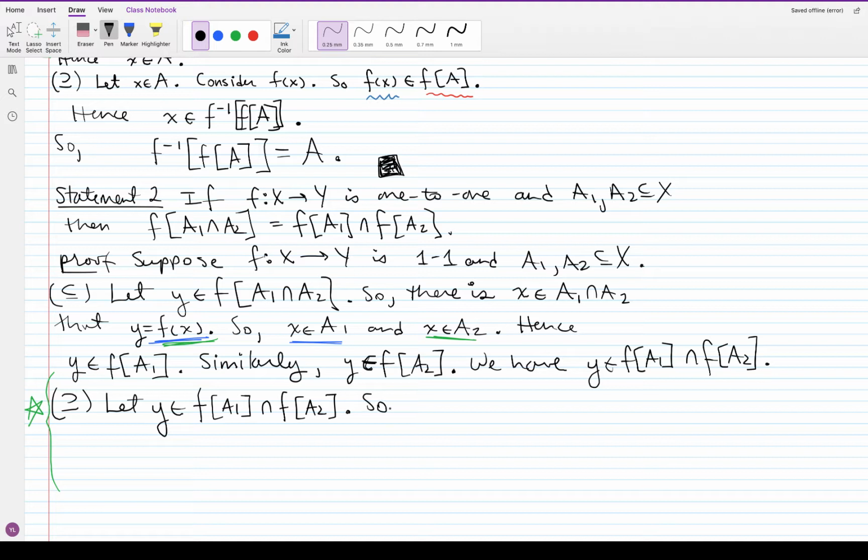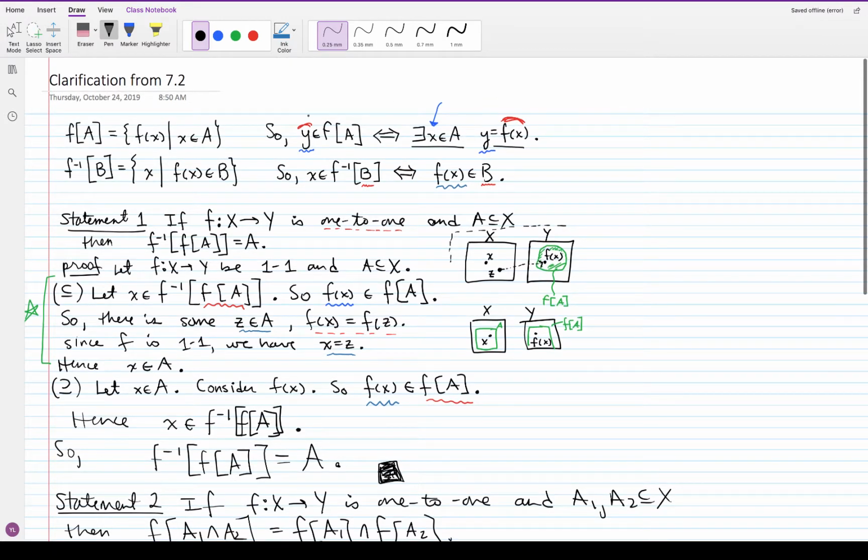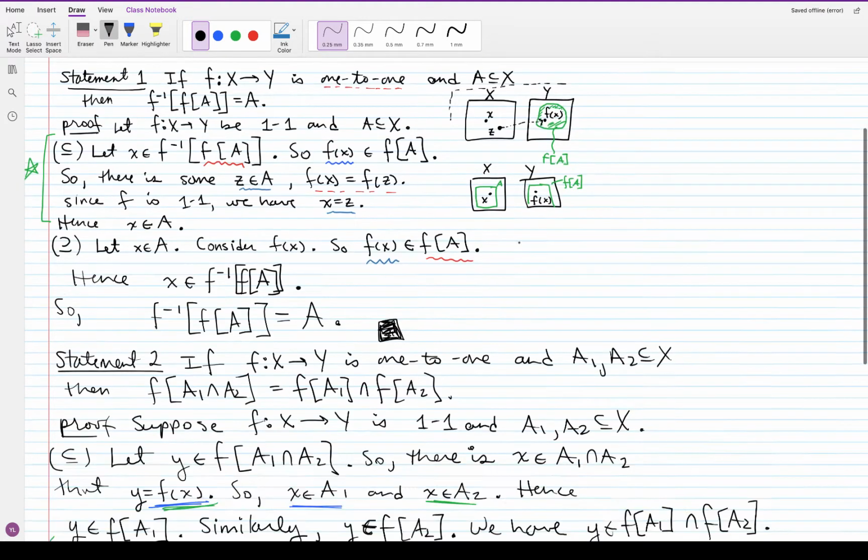Translate that, what does it mean? It means that y is in f of A1 and y is in f of A2. I glance up here and I remember what it means for y to be in the image of a set, and I need to invoke those two things separately.